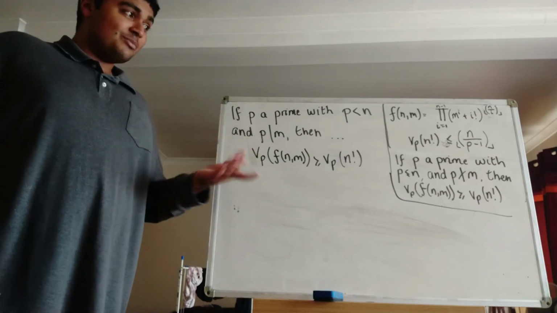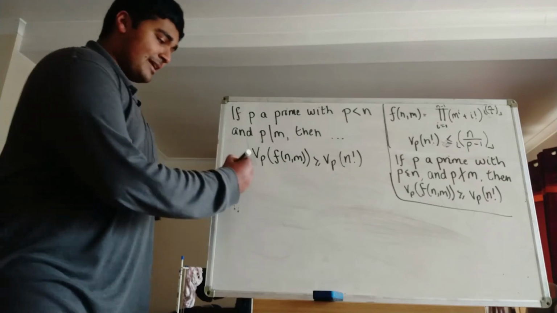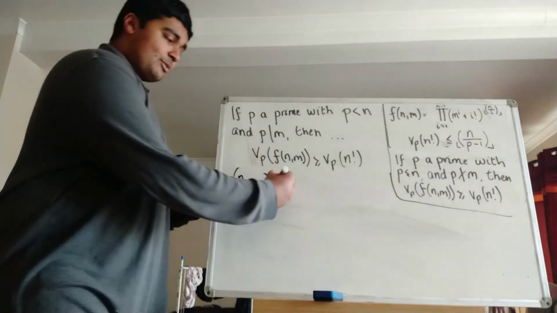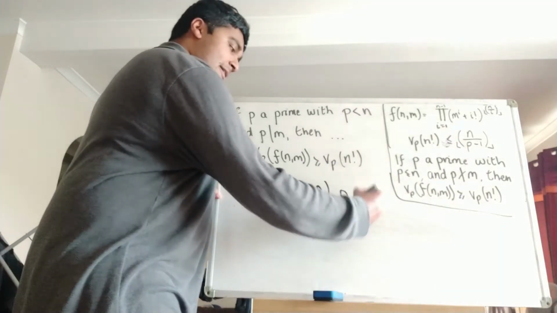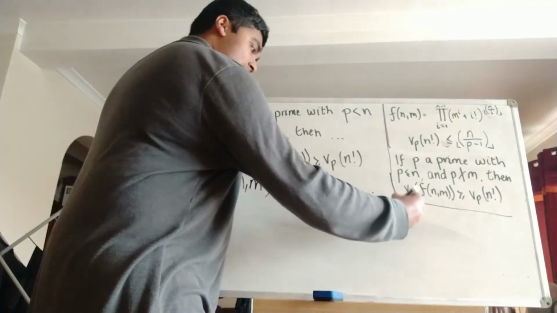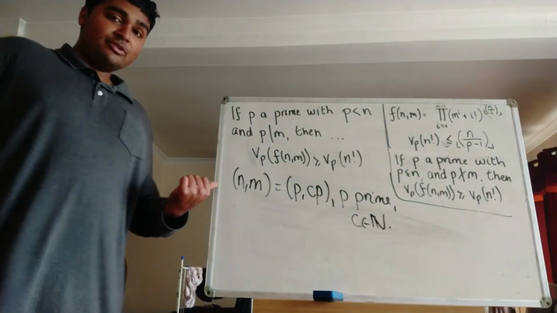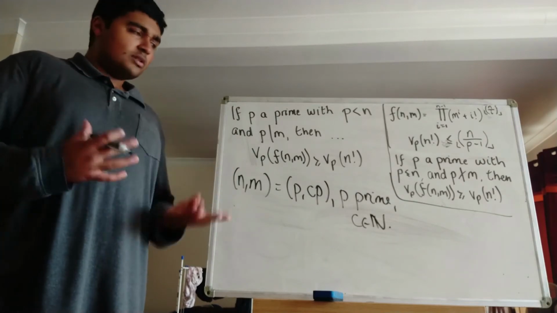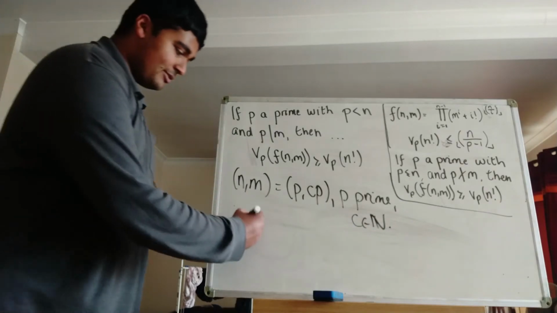But now notice that we've almost essentially solved the problem, because I now claim that (n, m), the thing we're trying to work out all pairs for, must be of the form (p, c), where p is a prime and c a positive integer. Why is this true? Well, let's see why we must have n being prime. If n wasn't prime, then we can write n factorial as a product of primes.